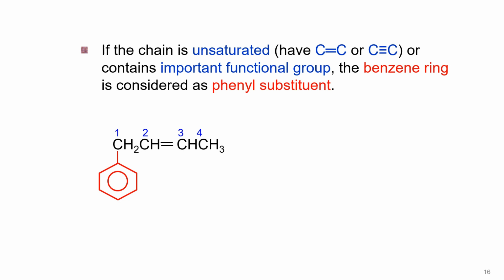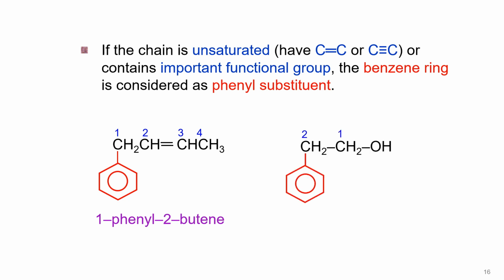The word phenyl is used when benzene is a substituent. The position of unsaturation is at carbon 2. So, the IUPAC name is 1-phenyl-2-butene. Another example: benzene at carbon 2 and alcohol at carbon 1. So, the IUPAC name is 2-phenylethanol.